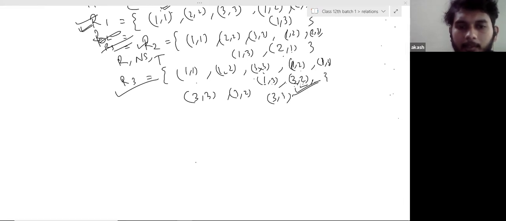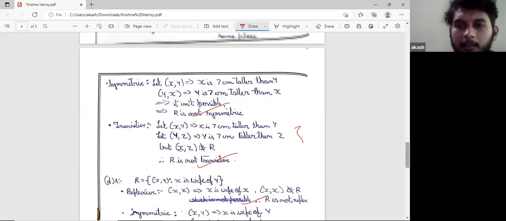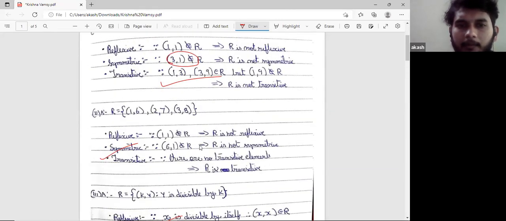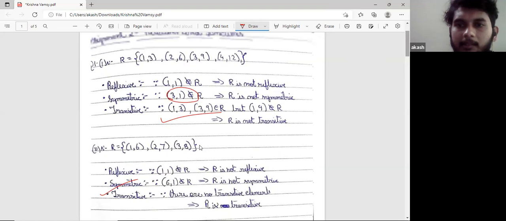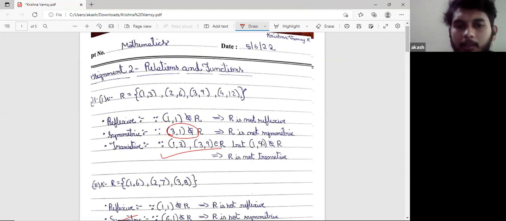Krishna, I was checking your assignment. In this assignment, you have done everything right, but a few lines are missing. In this question, you need to worry about the writing pattern of your answer. Here you wrote (3,1) doesn't belong to R, so R is not symmetric.